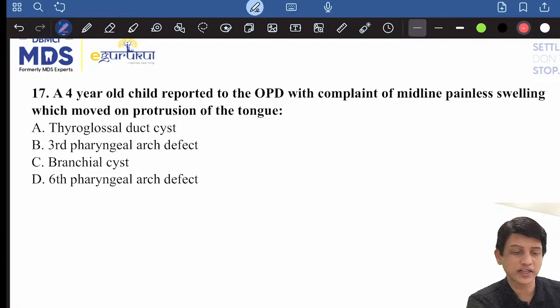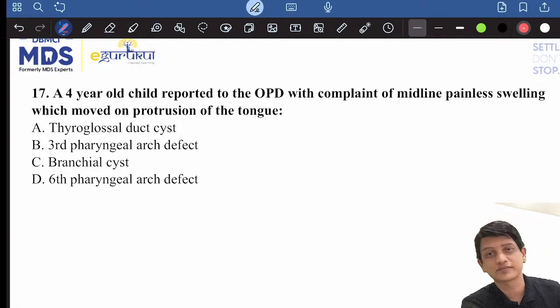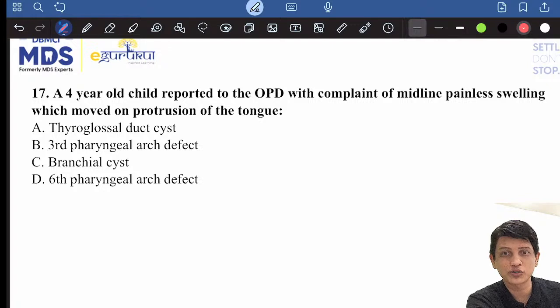A 4-year-old child reports to the OPD with a complaint of a midline painless swelling which moves on protrusion of the tongue. No need to look at the options, because you know there is only one swelling in the entire world which moves with protrusion of the tongue. Which is that?